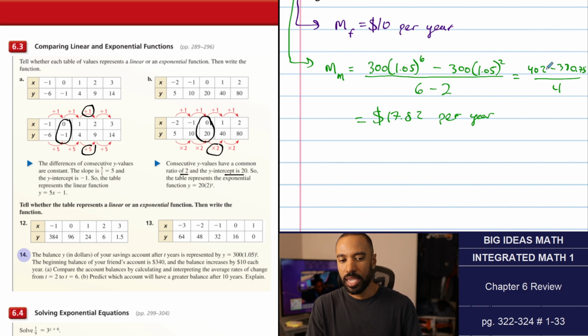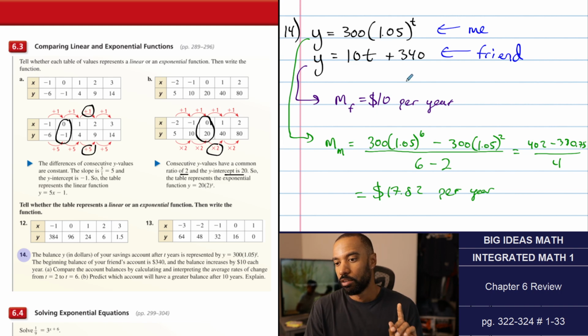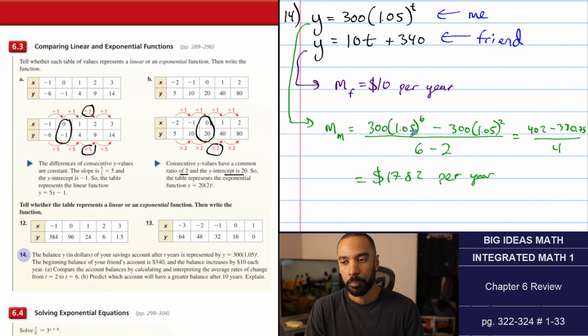They say predict which account will have a greater balance after 10 years. Explain. Well, here's the thing. I start with $300. My friend starts with $340. They started with more. From years 2 to 6, I'm already seeing a greater average than my friend. That already means on year 6, my thing has a significantly greater rate of change than that, and it's only going to climb the next 4 years.